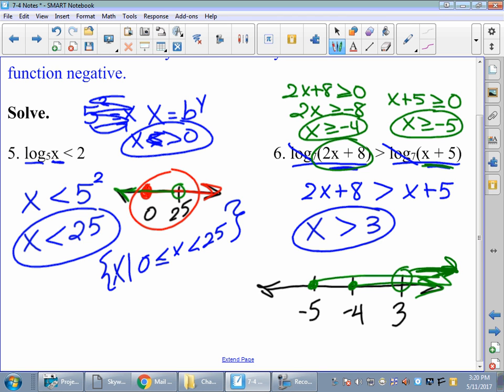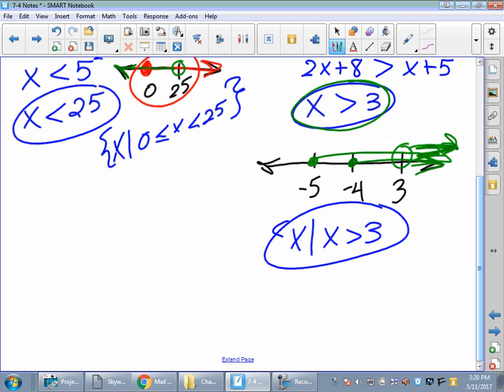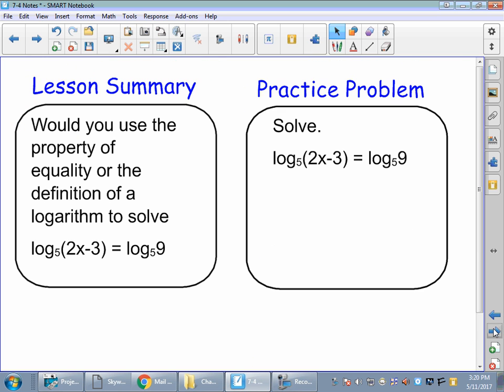So where all three of those lines come together is the solution. Numbers that are greater than 3 will produce answers that are greater than 0. So x such that x is greater than 3. The number line just helps us really understand that and make sure that it's working.